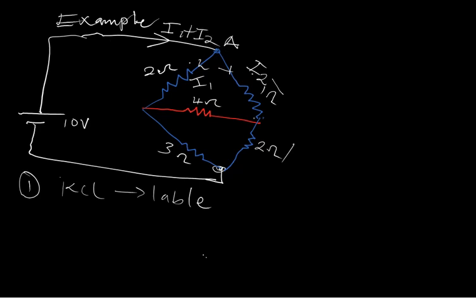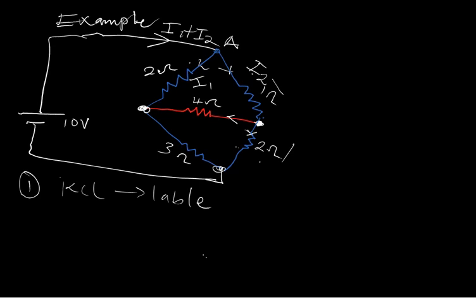All right, now we still proceed. We still have more junctions, right? There's still a junction here and there's still a junction here. So now I2 reaches this junction, then it branches. Some will pass through the 2 ohm resistor, some will pass through the 4 ohm resistor.